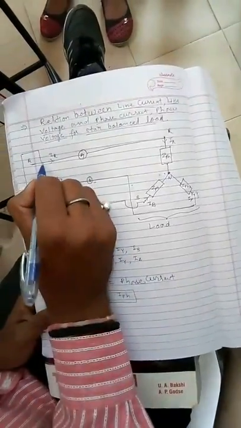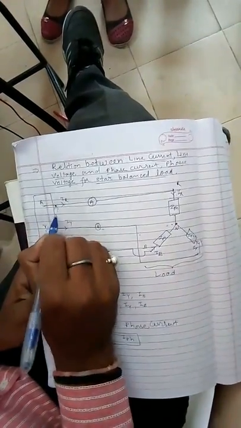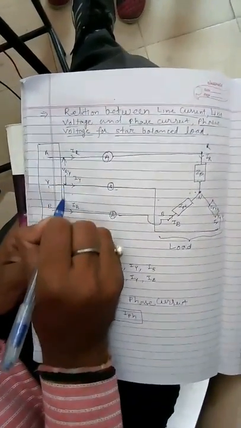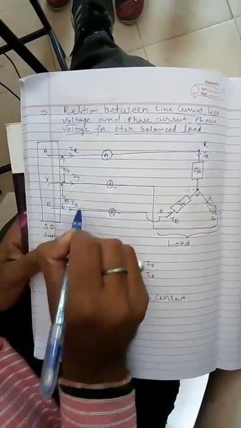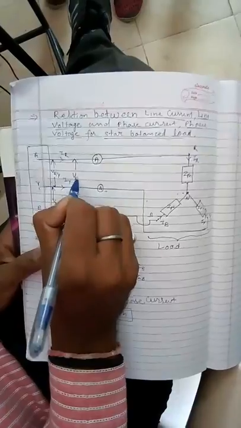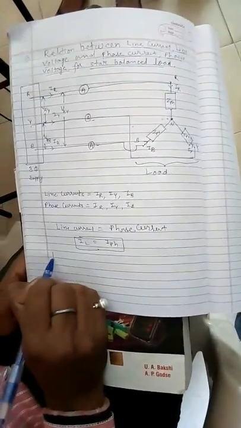Now the voltage between R and Y is known as VRY. Clear? The voltage between Y and B is known as VYB, and the voltage between B and R is VBR. Clear? So these voltages are known as the line voltages.